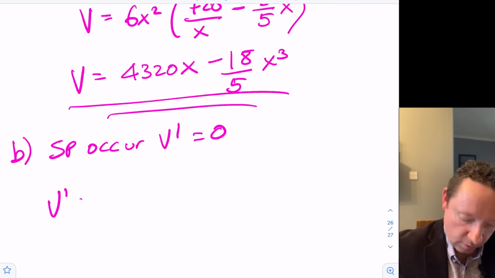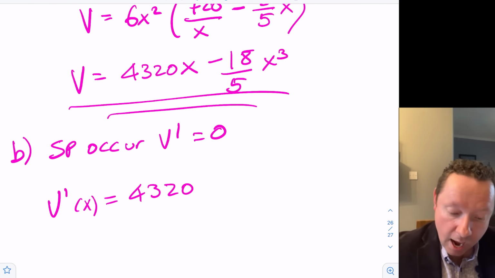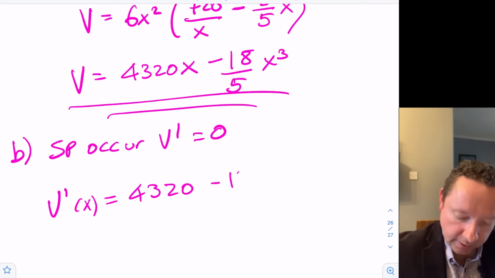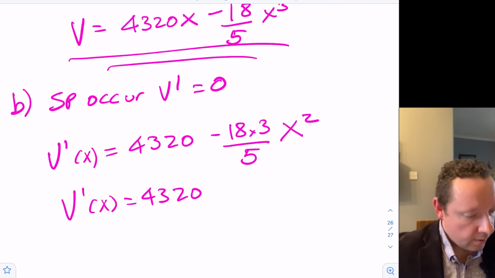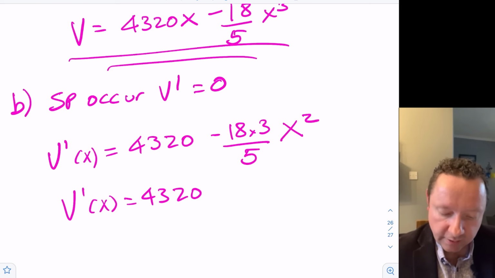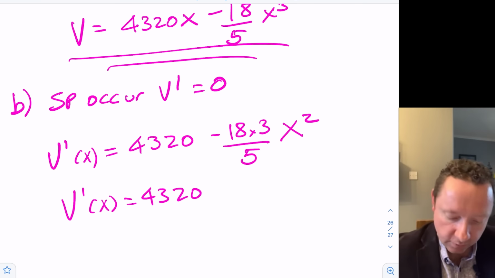So V dash, as a function of x, is equal to 4320 minus 18 times 3 over 5 x squared. So V dash x is 4320, and 3 times 18, 3 tens are 30, 3 eights are 24, so that's 54.